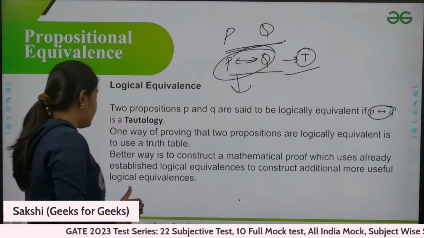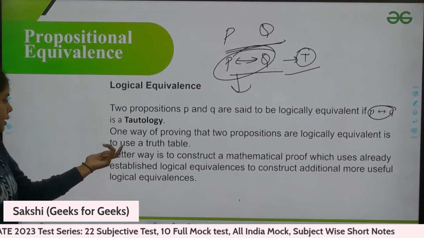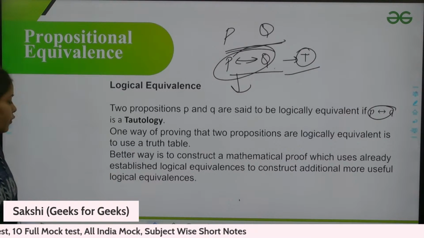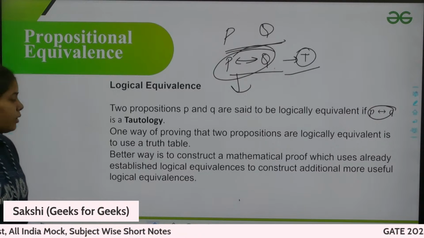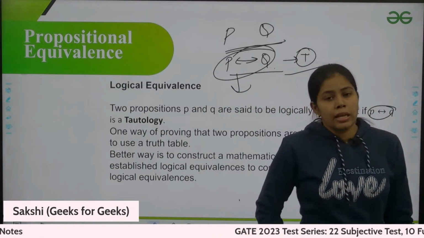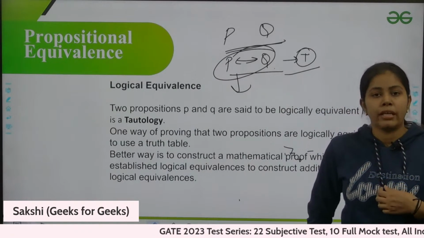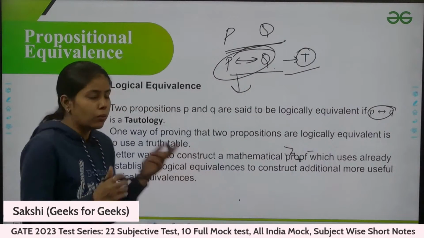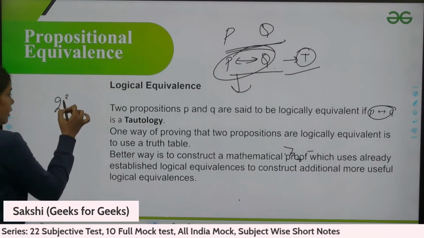One way of proving that is to use a truth table. A better way is to construct a mathematical proof which uses already established logical equivalences. One more thing: let's suppose I get three propositions P, Q, and R. I told you that my number of cases will be 8.